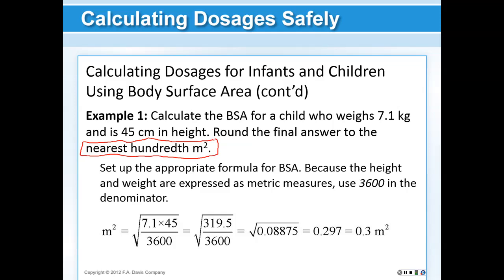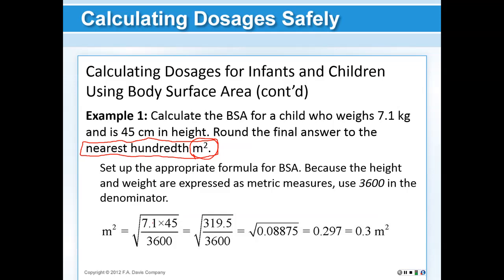You always are going to round this meters squared number to the 100th. This gives you the most accurate dose. When the problem tells you to round to the nearest 10th, they are meaning the final volume or the final product. But when you have meters squared, you always should have this rounded to the 100th place.